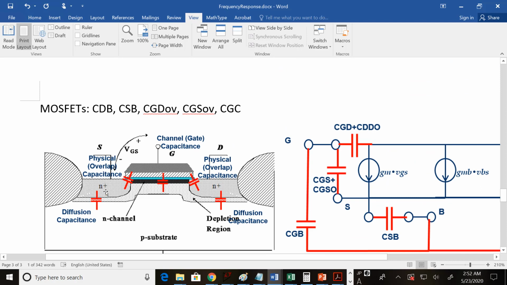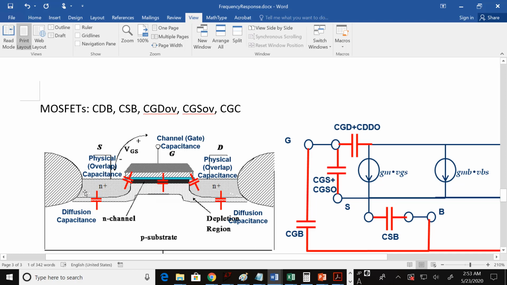If you're looking at the capacitance for the source or the drain, you look at what capacitances are directly connected to the source. So that would be this one and this one, not any of the others. None of the others are directly connected to the source. If you're asked for the drain capacitance, you just have 2 capacitances for the drain here. Doesn't see any of these other 3.